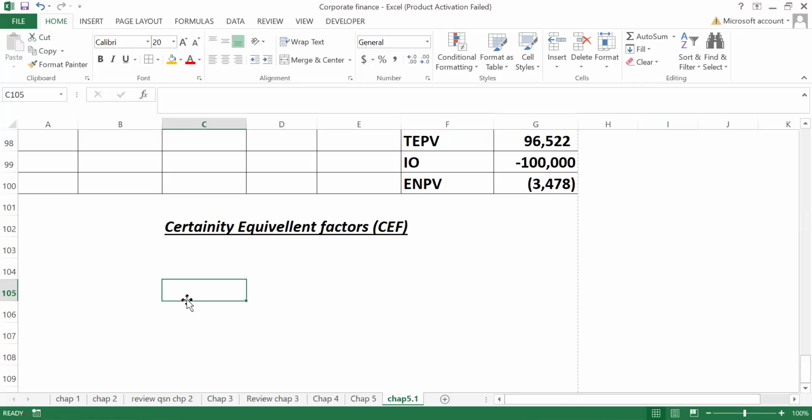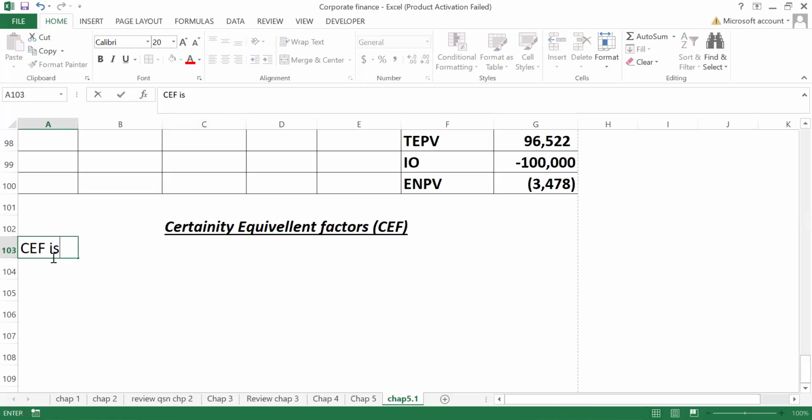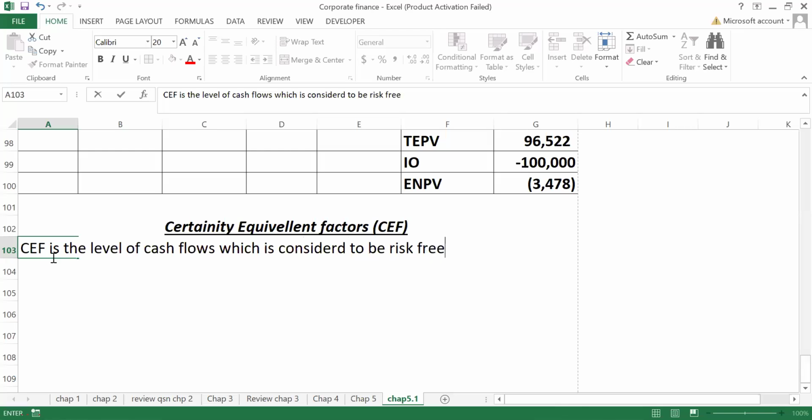So the CEF is the level of cash flows which is considered to be risk-free by the management.